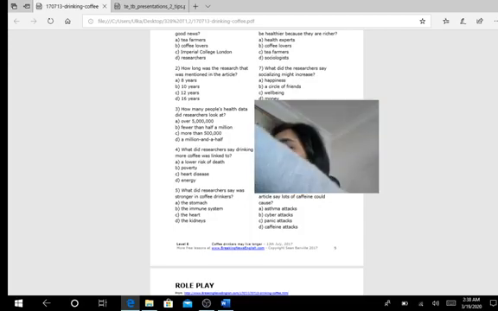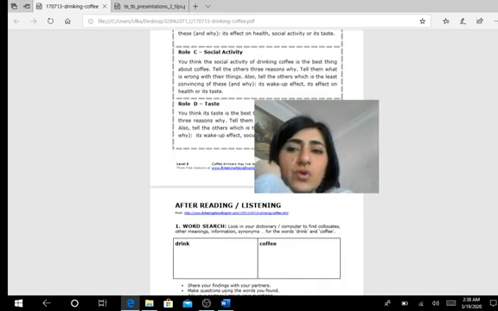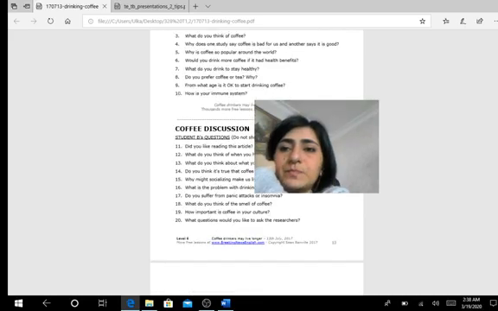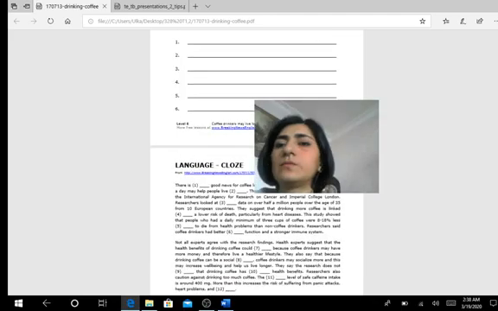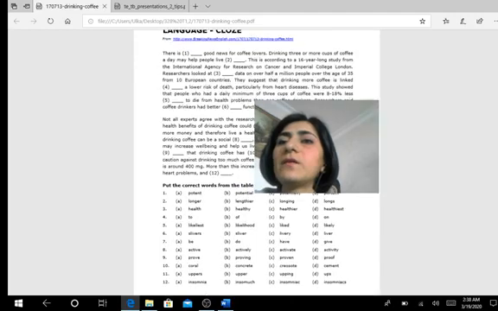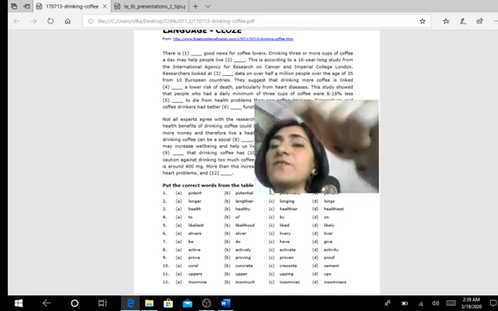And you have language cloze. Just a second. Language cloze, that's easier than the fill in gaps, because here you have 4 words to choose and fill in the gaps.